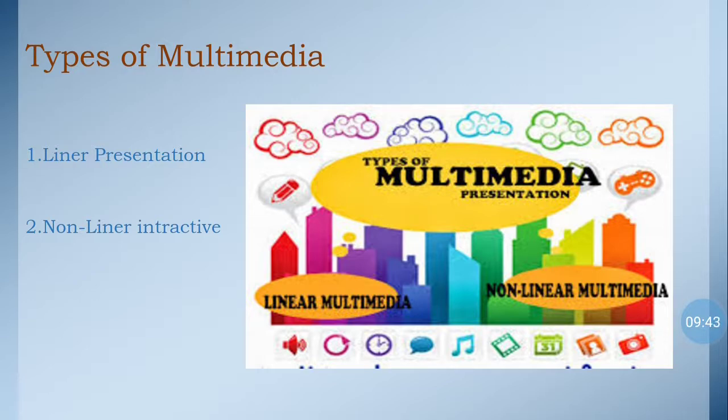The next is non-linear multimedia, that is non-linear interactive. Non-linear uses interactivity to control progress, as with a video game and self-paced computer-based training. The best example of non-linear interactive is hypermedia.